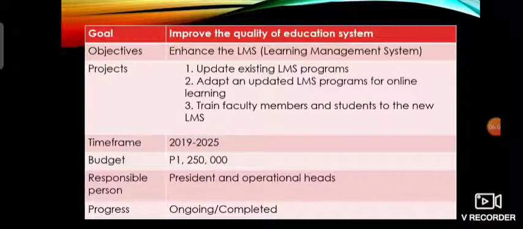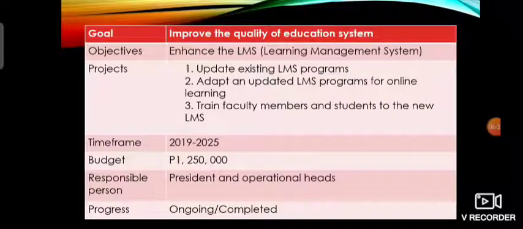Is it ongoing or is it completed already? Let's say dahil ang time frame natin is 2019 to 25, it's still ongoing. Okay? So this is just an example of a format that we could follow in developing the implementation matrix. Right? So that's about it.